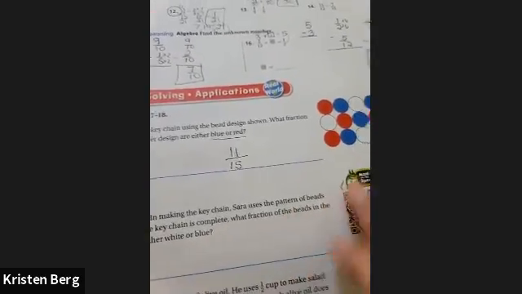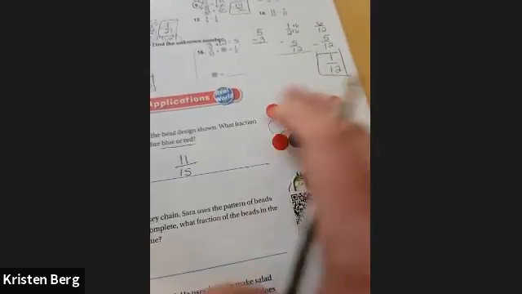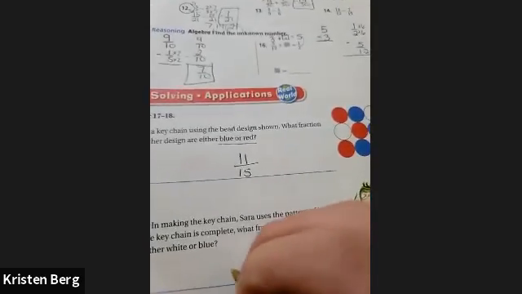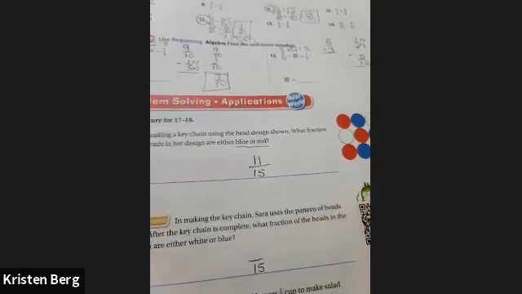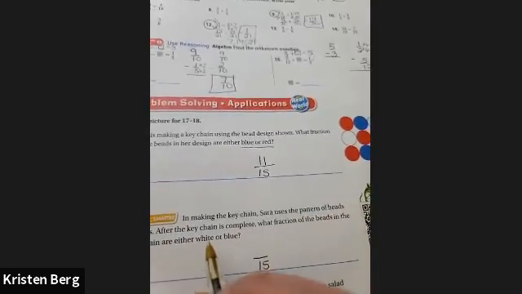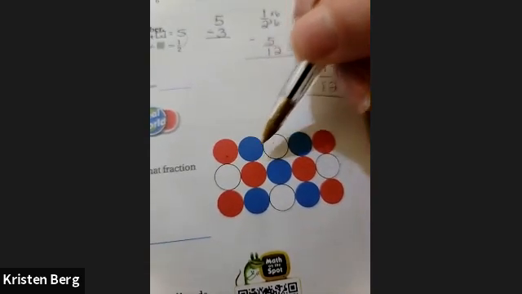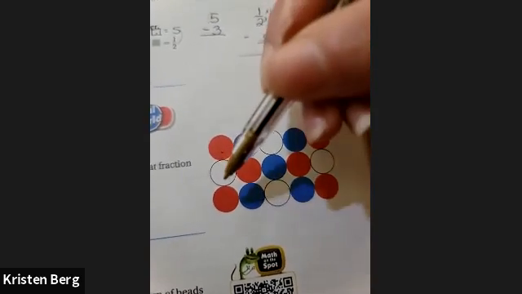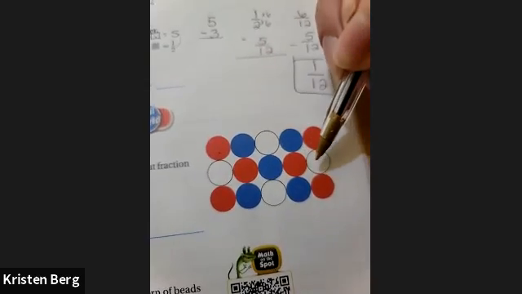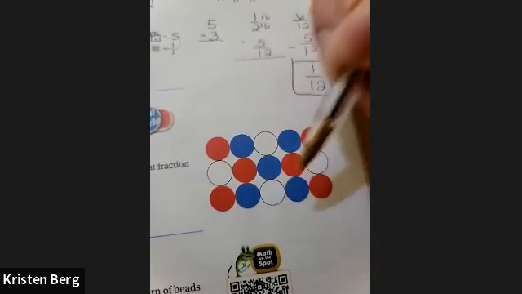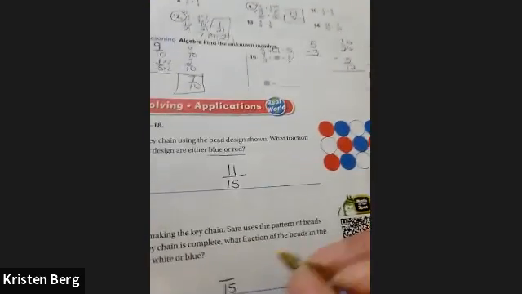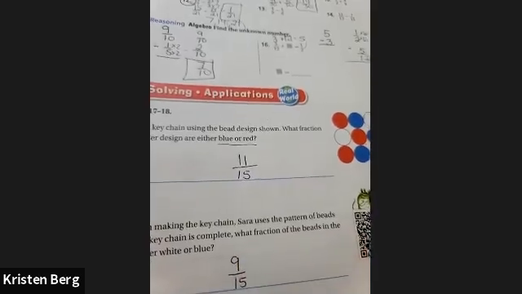So now we're going to still do the same thing. How many are there total here? There is only 15. But now we're only going to worry about the ones that are white or blue. So we're counting only the white and blue ones. So 1, 2, 3, 4, 5, 6, 7, 8, 9. So therefore 9/15 are that.